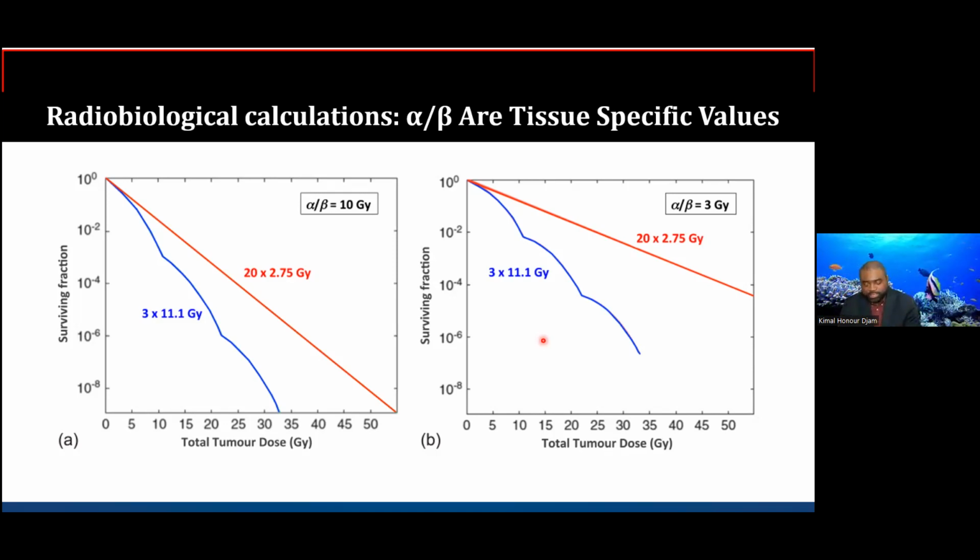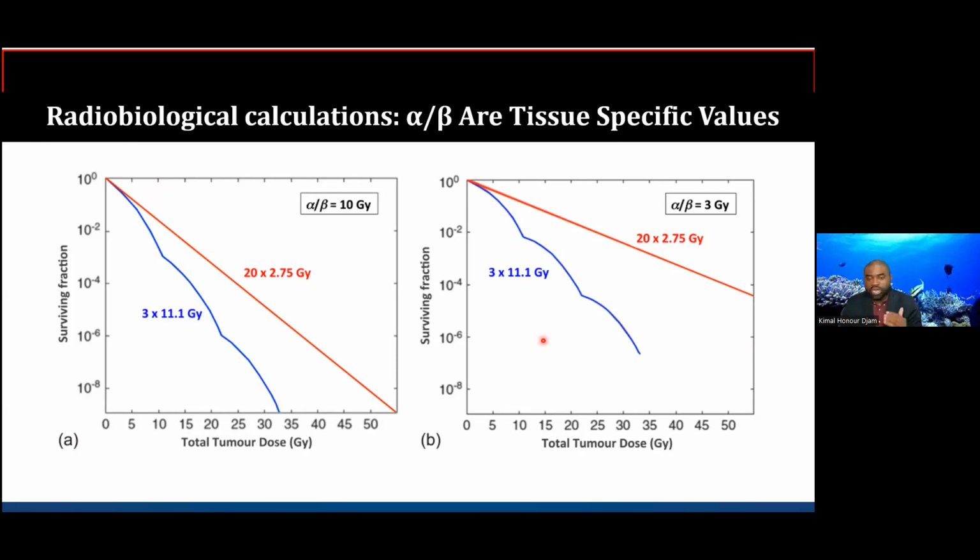And so in essence, in doing our gap calculations, we need to keep in mind that the alpha-beta values, one, are tissue specific, and two, the ratio between the linear and the quadratic radiosensitivity coefficient, which characterizes the linear quadratic model.